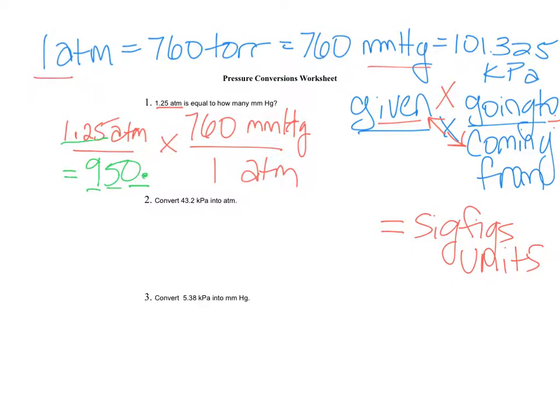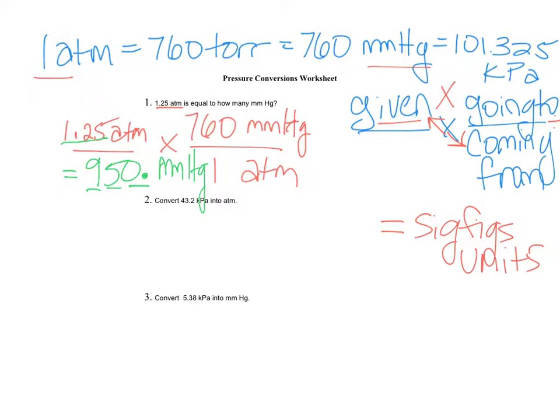I have to put that decimal to make 0 significant. So 950 decimal has those 3 significant figures, and then my answer of mmHg, okay, for number one. So given, going to, coming from, set it up each time, okay?